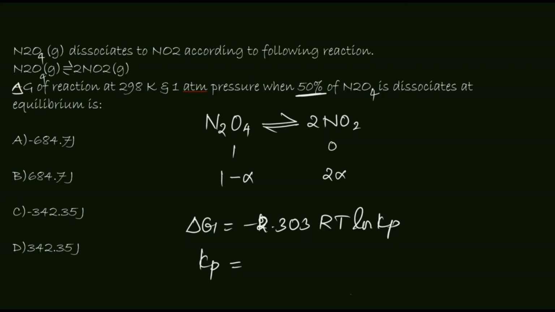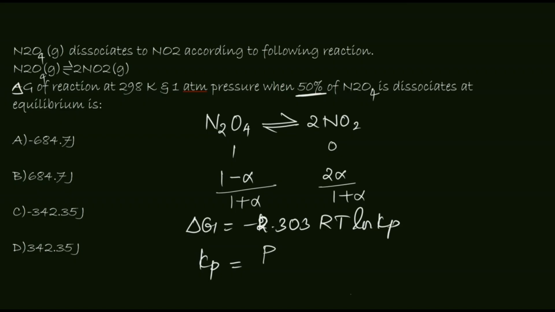So Kp, we know that, for that we need to know the total moles, the mole fractions. For that, I'm going to divide the whole thing by 1 plus alpha, which gives us the total moles of the reactant and the product.